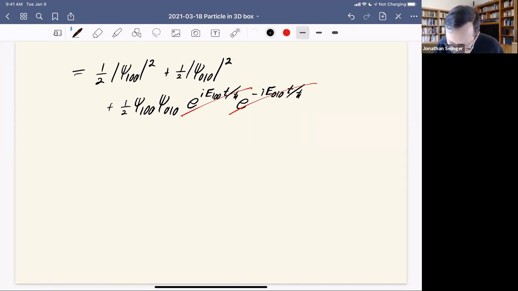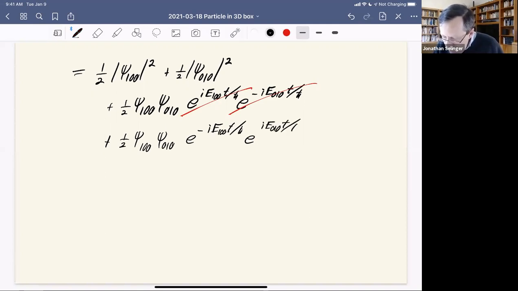And likewise, the other cross term has e to the minus i E 1, 0, 0 t over h bar times e to the plus i E 0, 1, 0 t over h bar. Those also perfectly cancel to give you something independent of time, okay?